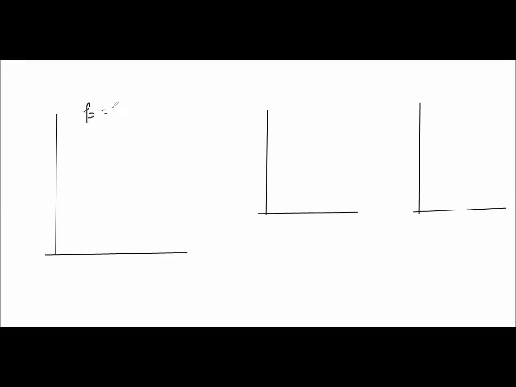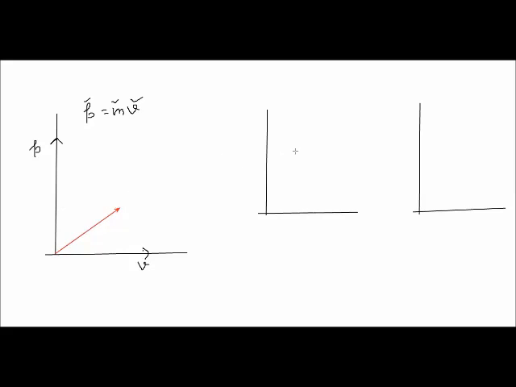So here are three quantities: momentum, mass and velocity. If the graph is between momentum and velocity, then the third quantity is constant. If this graph is P and V, momentum and velocity, then momentum is directly proportional to velocity, so the graph is like this.